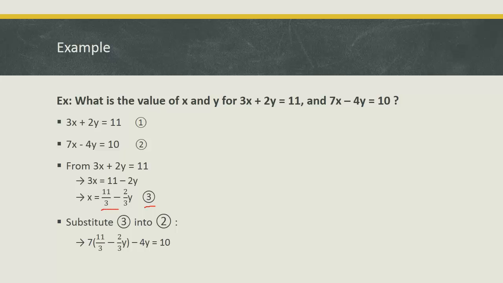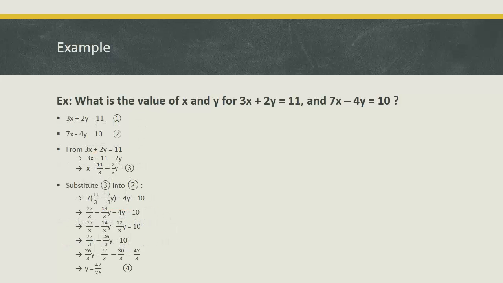The value here, 11 over 3 minus 2 over 3y, will be put into the y over here, and thus we get this equation. After some calculations, we should get that the value of y is 47 over 26. We'll call this equation number 4.